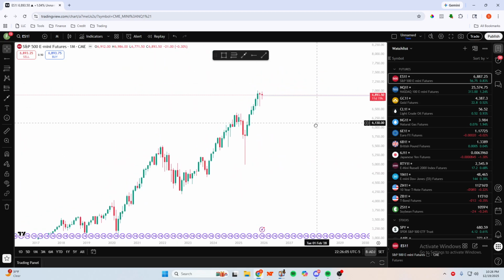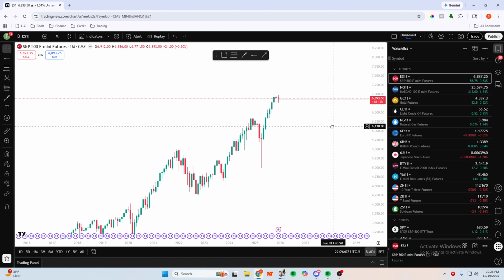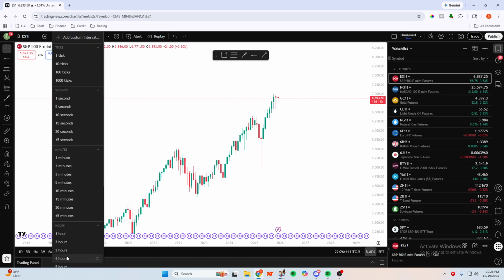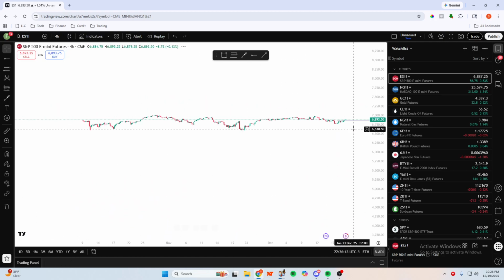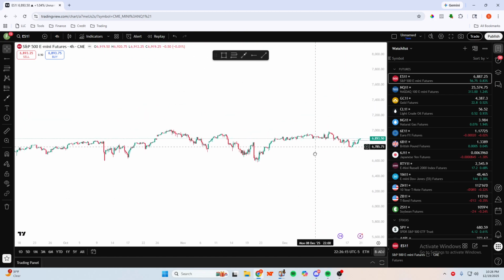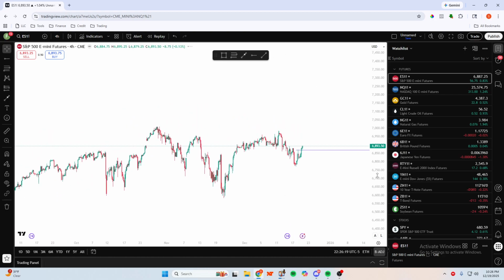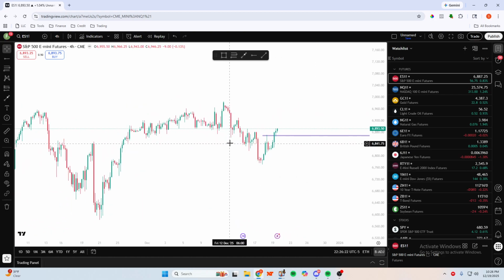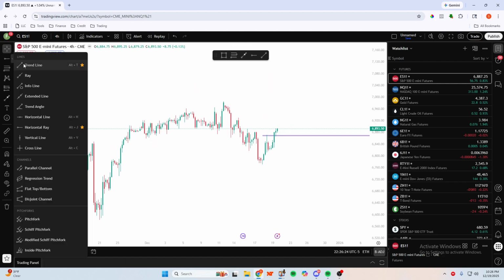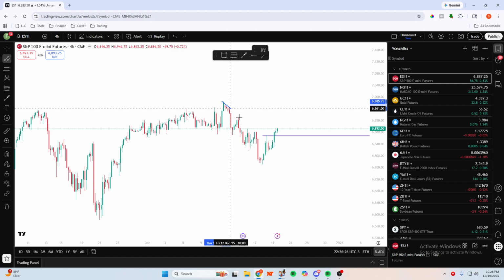And ES is a little similar, right? When we come here to the 4 hour, let's actually go to, yeah, 4 hours fine enough. We had our trend channel break, new low, just very textbook stuff.